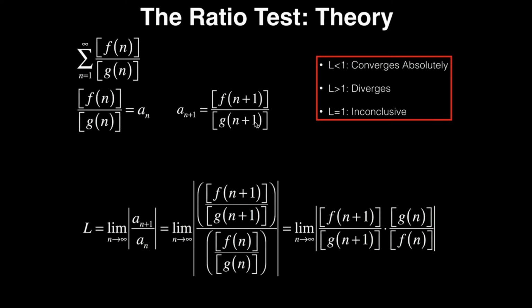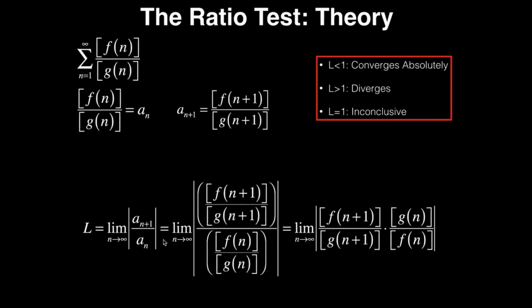Now how do I actually compute the ratio test? We're going to use a variable L, which is just our limit. L is going to be the limit as n goes to infinity, and what we do is take a sub n plus 1. We basically take the original series and put a plus 1 after every single n, a sub n plus 1, and divide by a sub n.